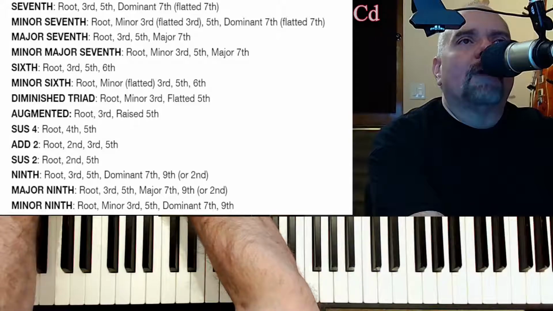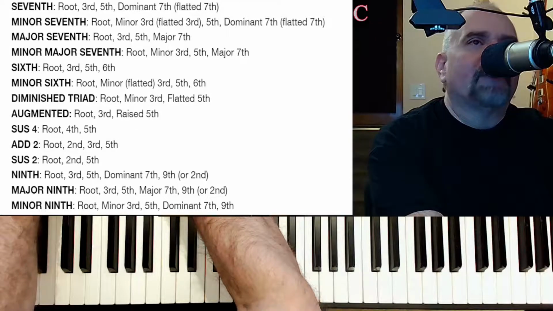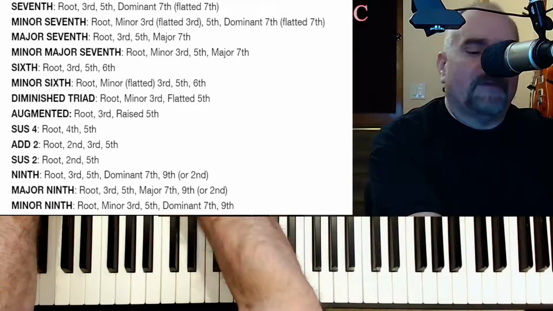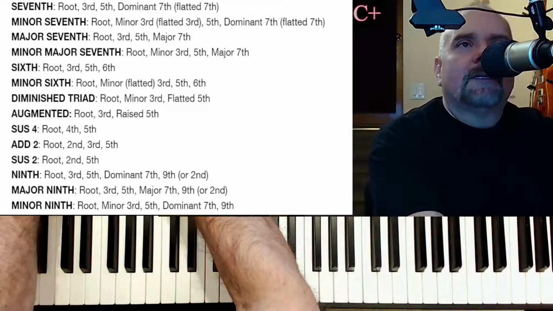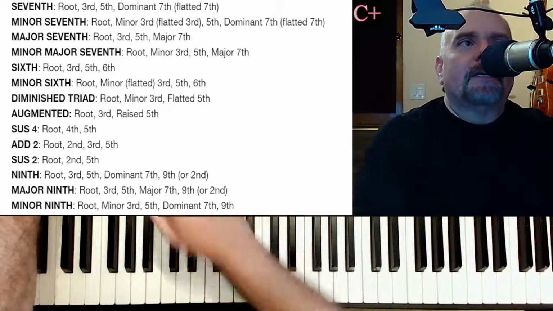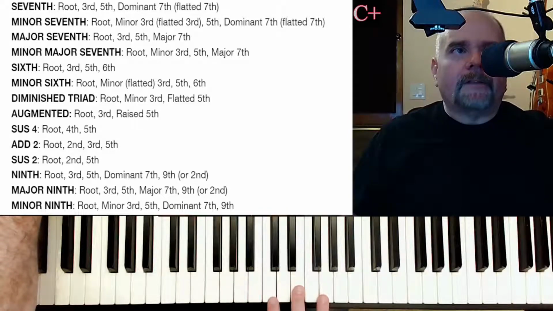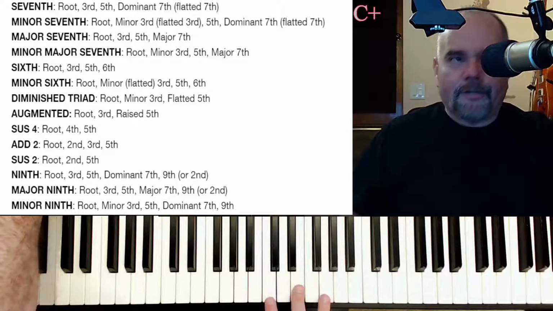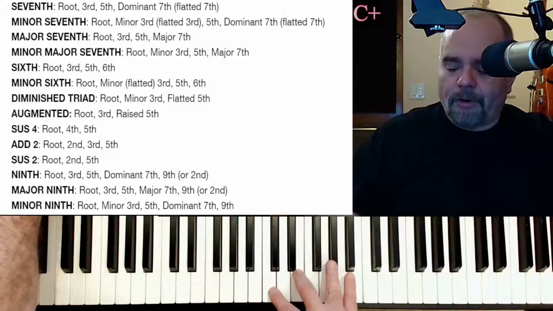And then augmented is written a couple of different ways. It could just be written like this. It could also be written with a plus sign. I see. You take the fifth and you raise it, or you sharp it. So here's your triad, C, E, G, and then you sharp the fifth.